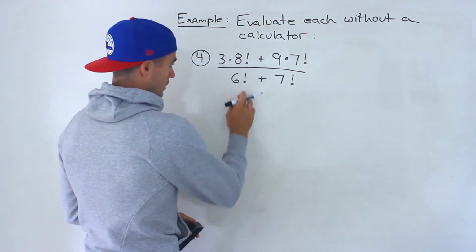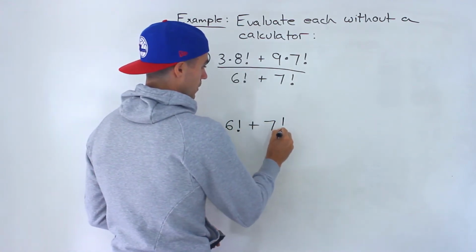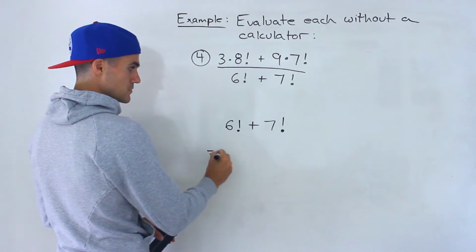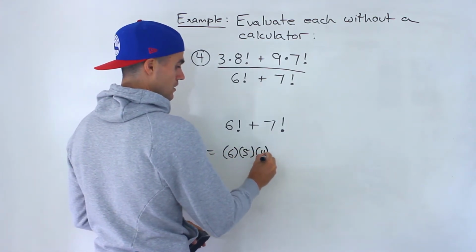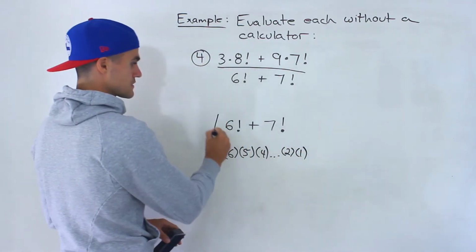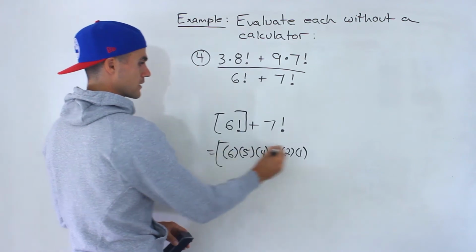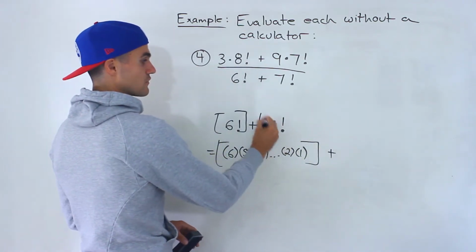So I'm going to start with the 6 factorial plus 7 factorial, just to show you how it works here. Now this we can rewrite as what? 6 times 5 times 4 dot dot dot times 2 times 1. So that's the 6 factorial. Let's put this in square brackets. And then we got the plus 7 factorial.